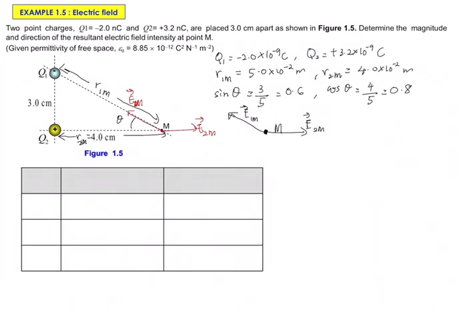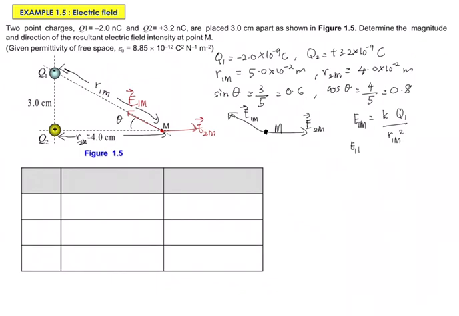Next step is we calculate E1M. Your E1M is K Q1 over R1M squared.